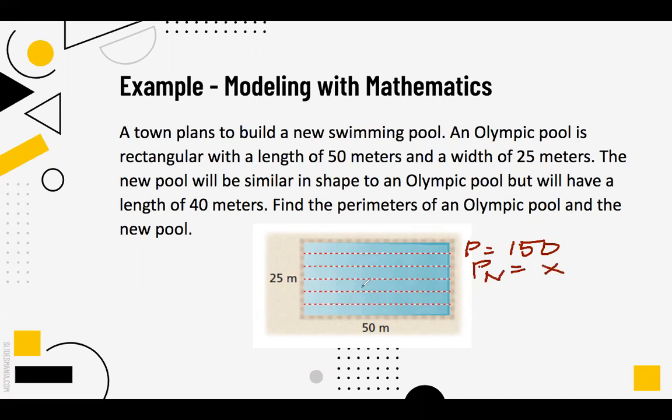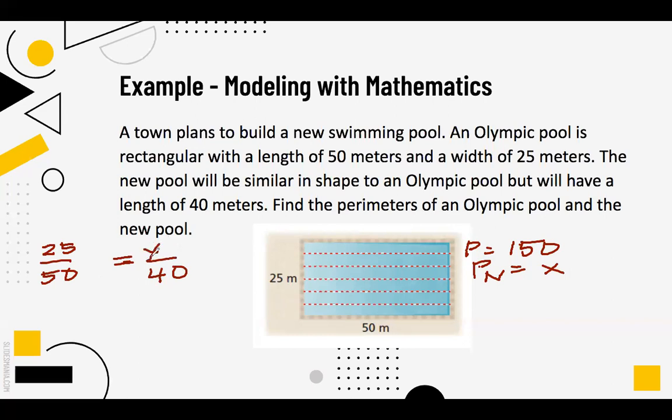But what we do know is the dimensions, I keep wanting to say diameter, the dimensions of this pool is 25 by 50. And so then they also tell us that the new pool will have a length of 40. And so in this particular case, 50 is the length. So then my new pool has a length of 40, right? So I need to now find the width of the new pool.